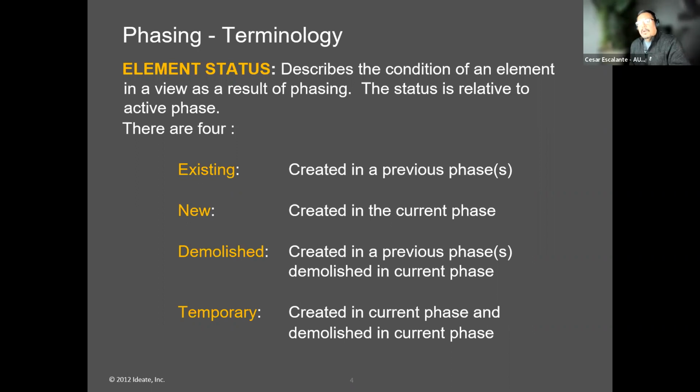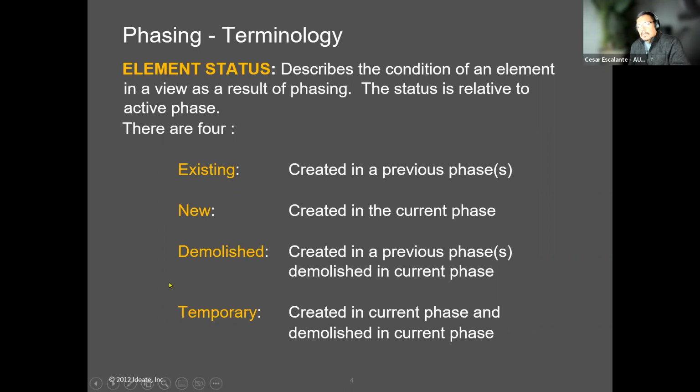And then we have temporary objects, which are objects created during construction to protect individuals or to protect access to the tenant improvement site. And a temporary object is an object that was created in the current phase and is also demolished in the current phase.